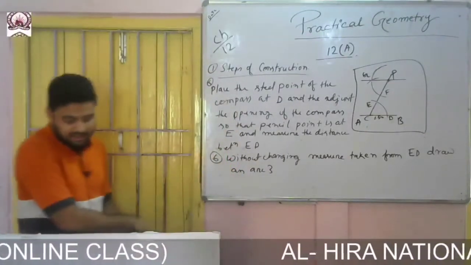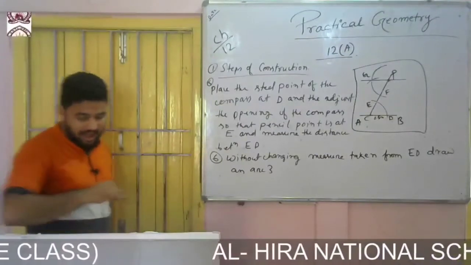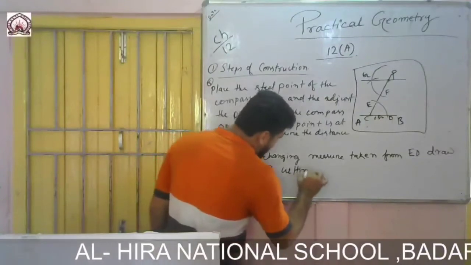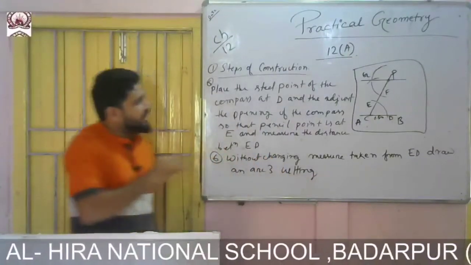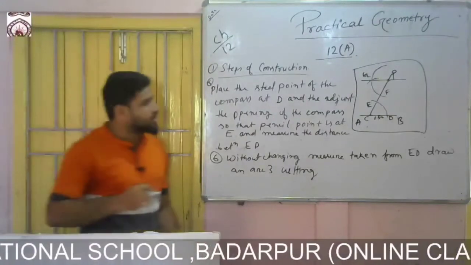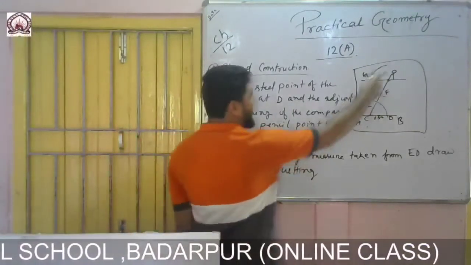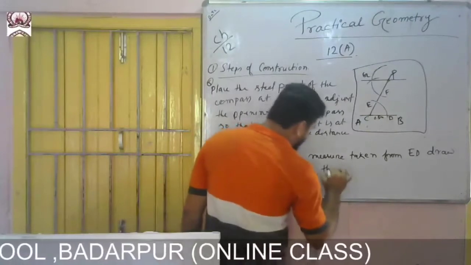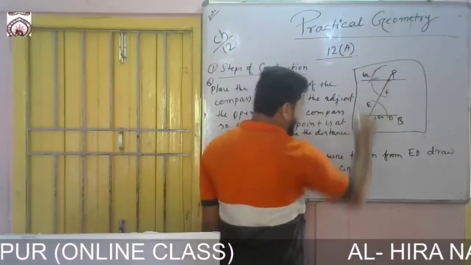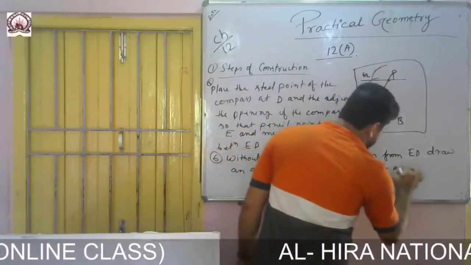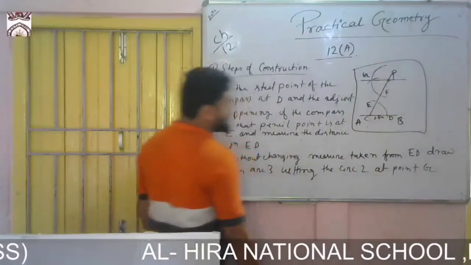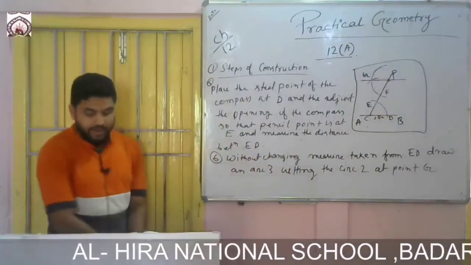Draw an arc 3 cutting the arc 2. This is arc 2. So cutting the arc 2 at point G. Okay, at point G.